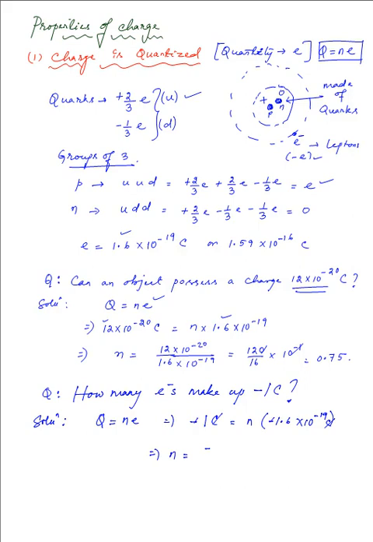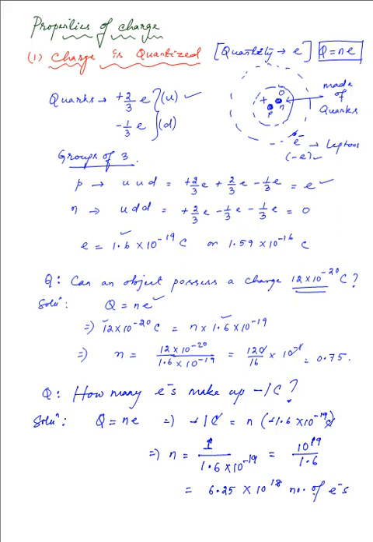So N is equal to 1 over 1.6 times 10 raised to the power minus 19, so we have 10 to the power plus 19 divided by 1.6, and 10 over 1.6 is roughly equal to 6.25, so that is 6.25 times 10 raised to the power 18 electrons making up that negative 1 coulomb of charge.